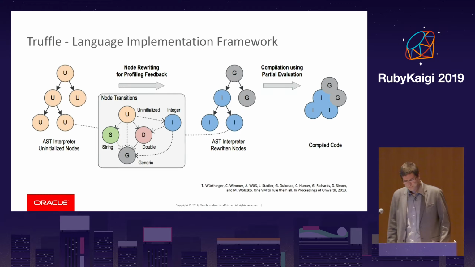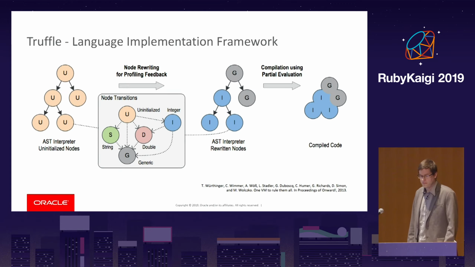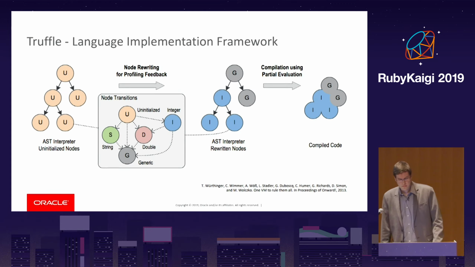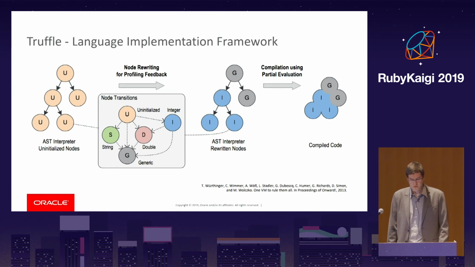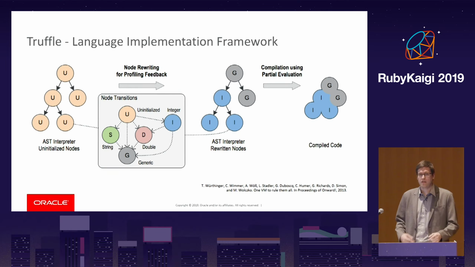So this is the slide we usually show to explain Truffle. It basically works like this: you parse your language, you turn that into nodes. And at the beginning, the nodes in Truffle are uninitialized, which means they didn't see any code, they didn't execute yet. So for example, if you have a node which represents some addition, as it sees the first values, for example integers, it replaces itself with a different node which knows how to add two integers very efficiently.